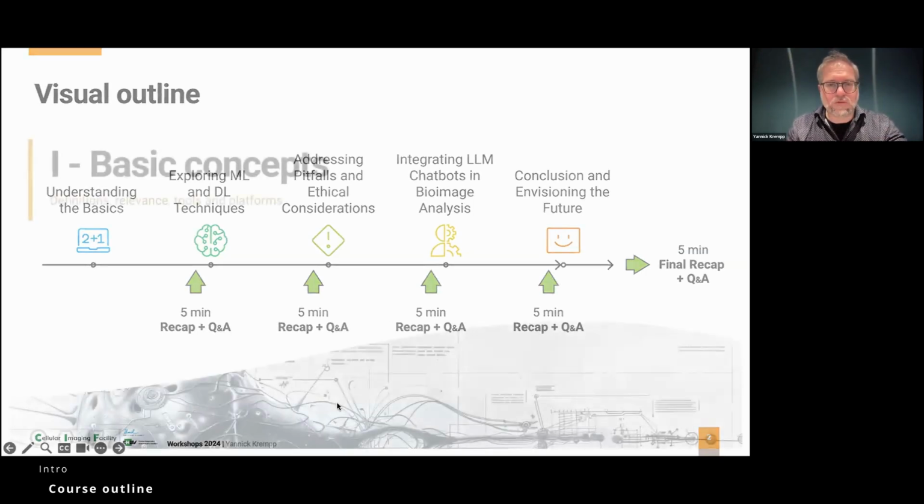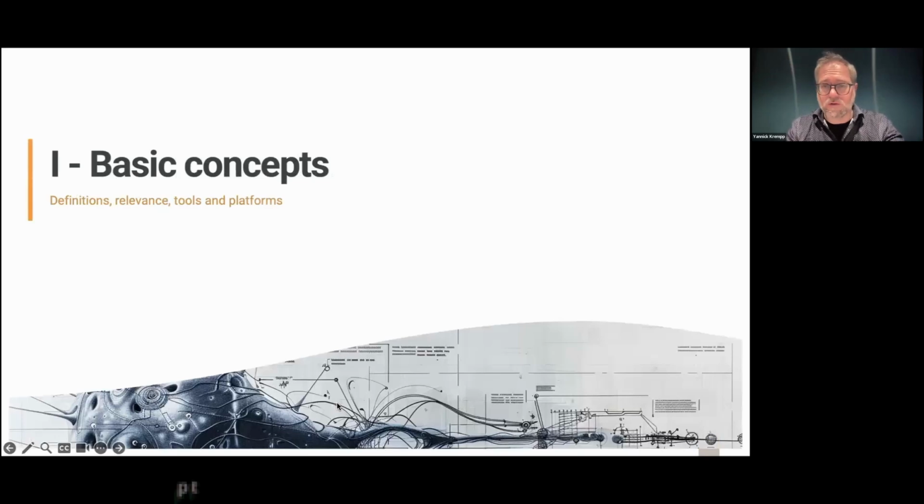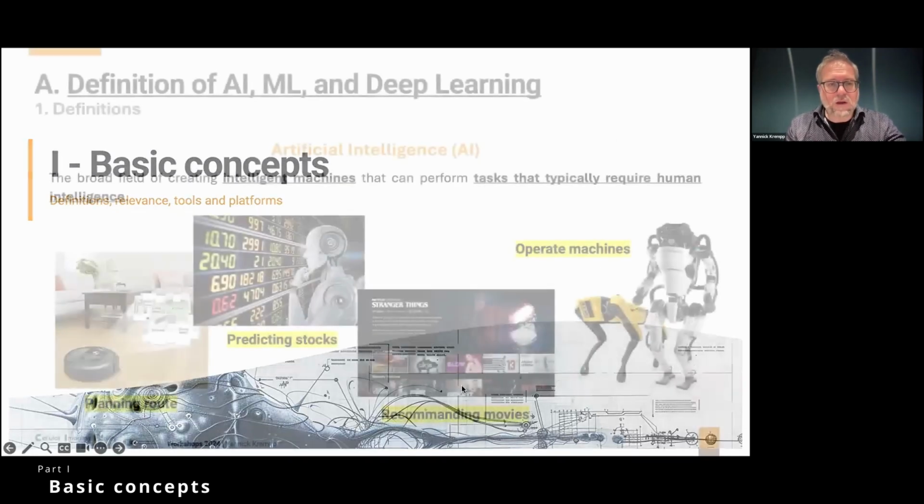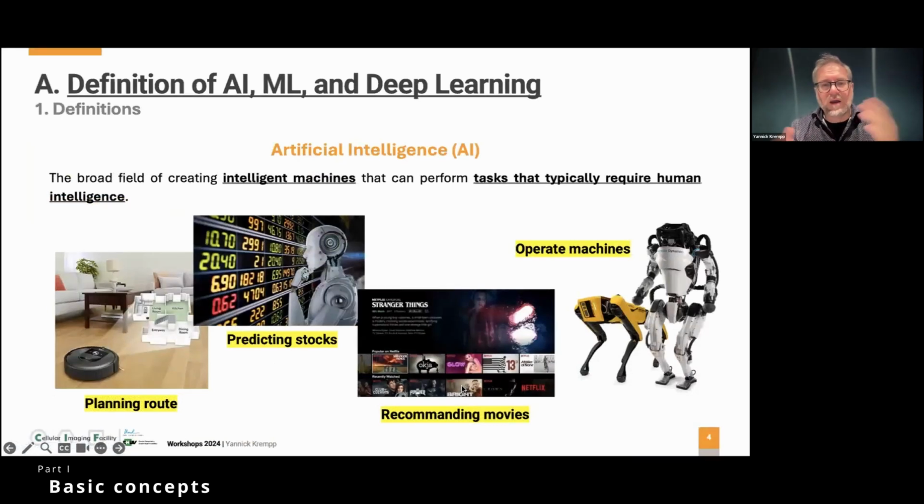So without further ado, let's start with the boring stuff first and have a few definitions out of the way so that we can speak the same language. AI is a kind of umbrella term right now that is enclosing more and more things as time passes.